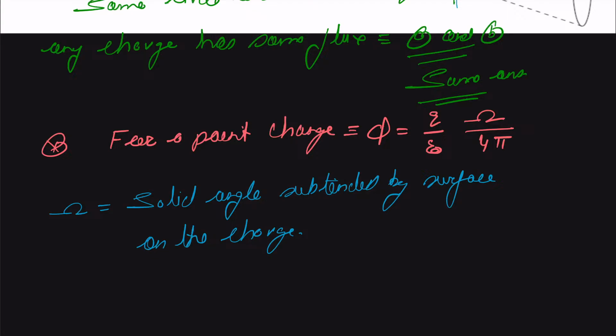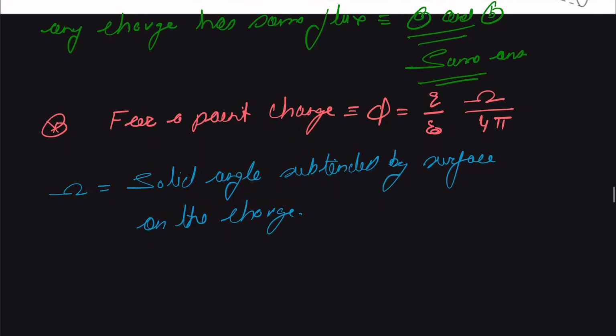And in this case we are given that our half angle for our cone is given to us as theta.